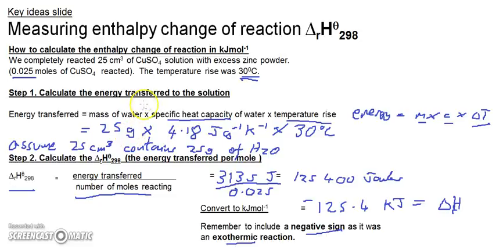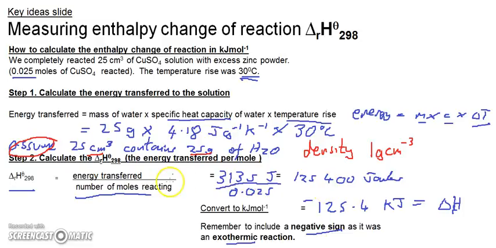So we made a couple of assumptions in this calculation. The first assumption we've already mentioned. We assumed that 25 centimeters cubed of copper sulfate contained 25 grams of water. So in other words, we assumed that the density of our solution was 1 gram per centimeter cubed.